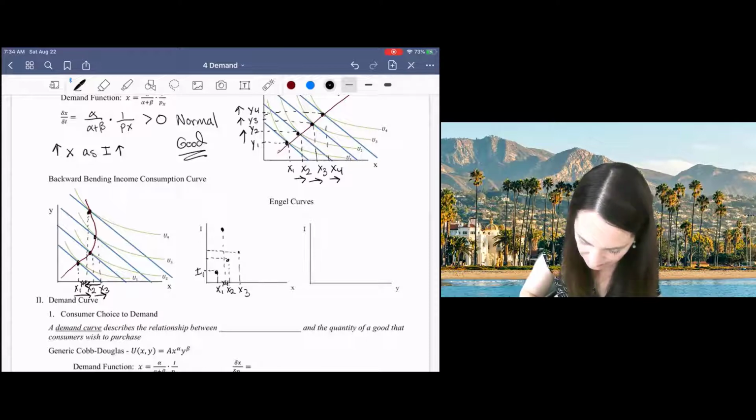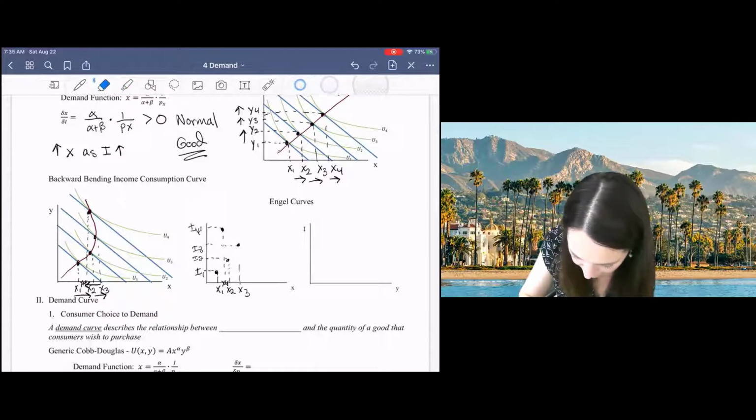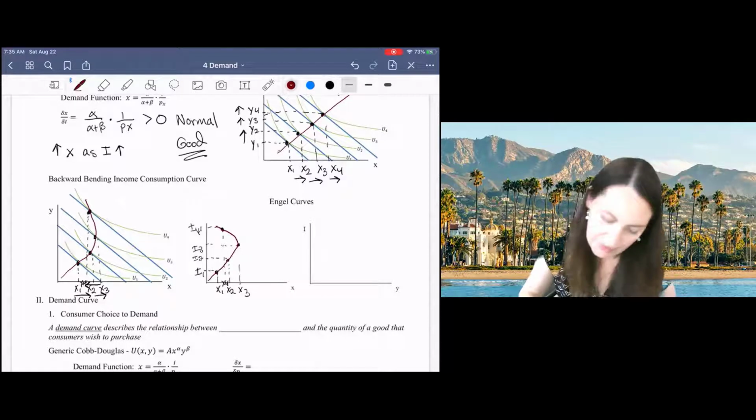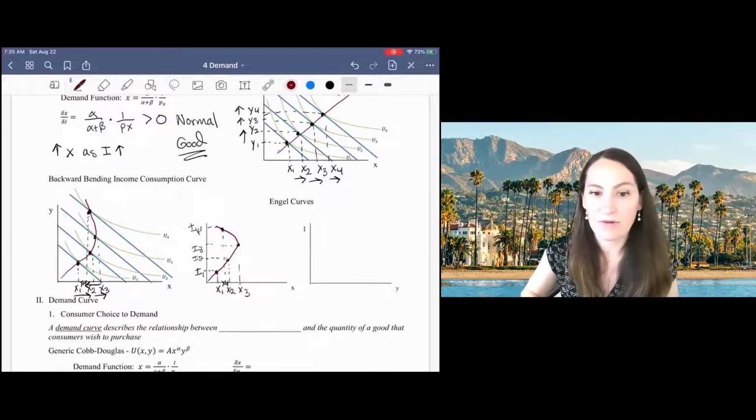My X4 is here. And then my Engel curve looks a lot like that income consumption path because I'm talking about the x-axis good here, but you get a sense of what that looks like.